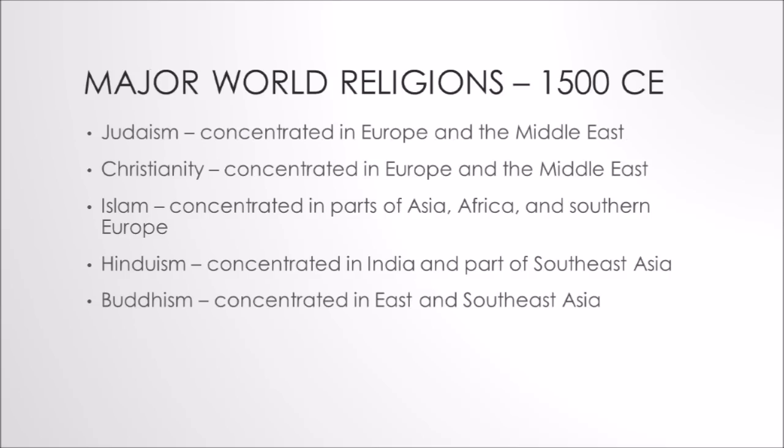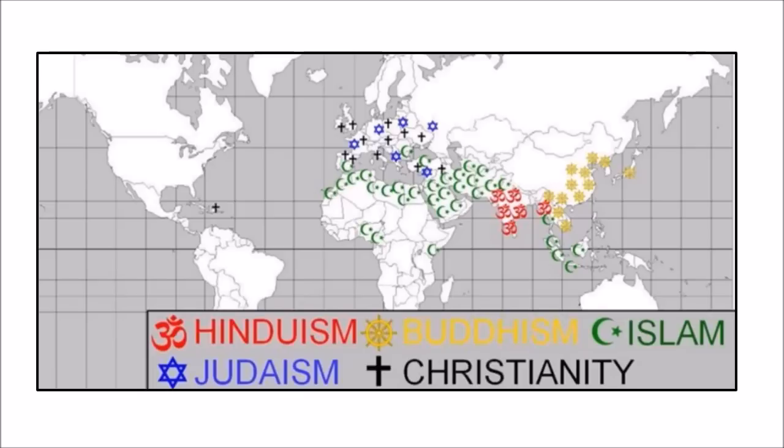The 5 world religions you need to know are Judaism, Christianity, Islam, Hinduism, and Buddhism. This is where they were located in 1500. Judaism and Christianity were located in Europe.